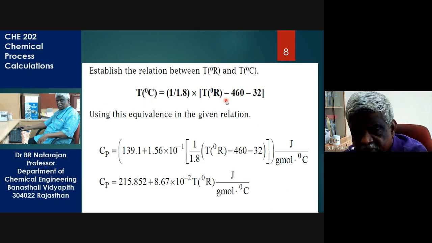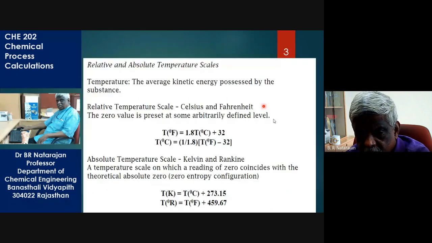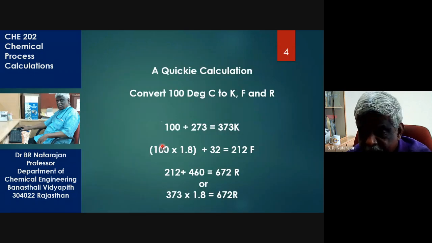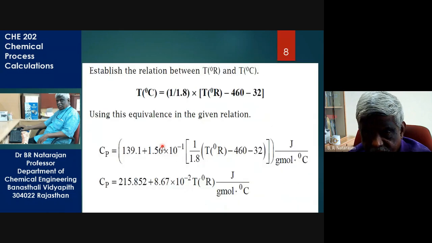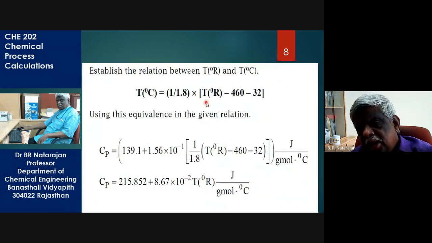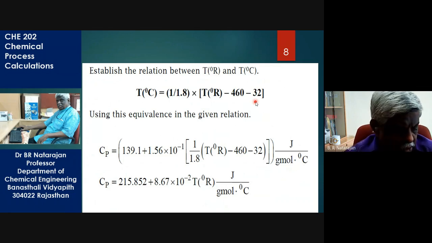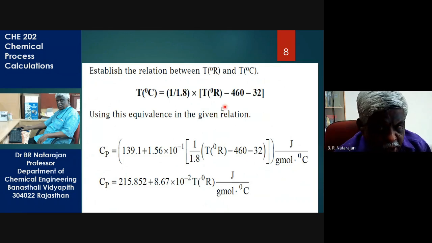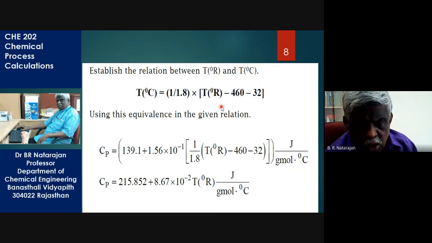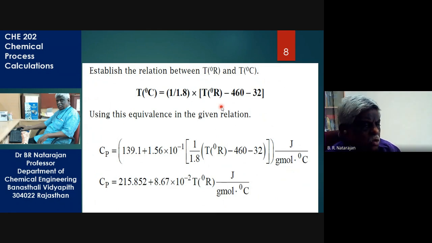Remember the very first equation: 1 by 1.8 degree F minus 32 is temperature degree centigrade, absolute value. And Fahrenheit to Rankine is 460. Now you have the relation: how to convert centigrade to Fahrenheit and then to Rankine.